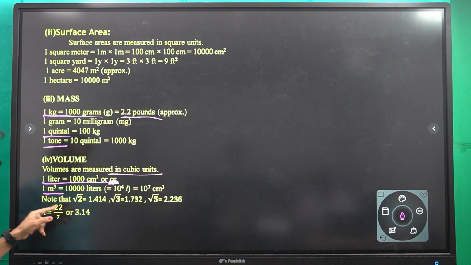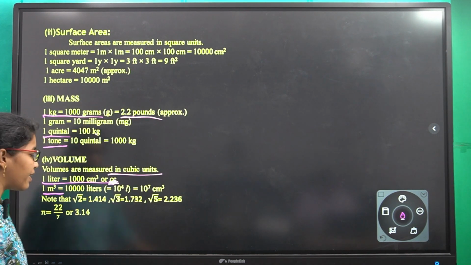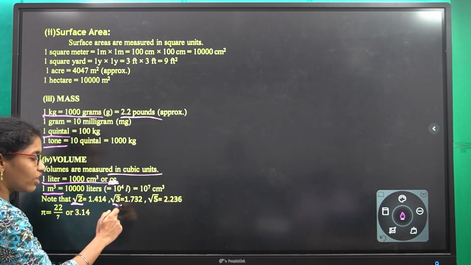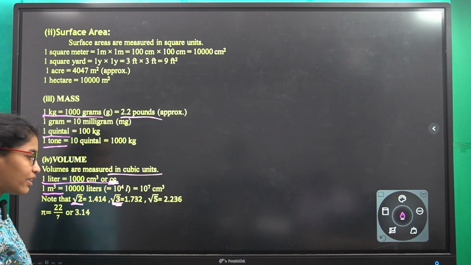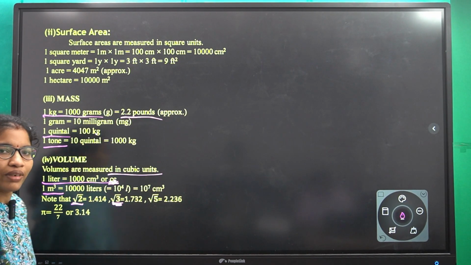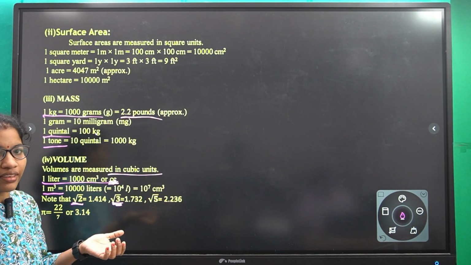Clear? And here already you know the values of root 2, root 3. These are irrational numbers, right? Irrational means these are not terminating values. A particular exact value is not there, but we are taking the approximate values. Irrational is nothing but non-terminating, non-repeating, right?